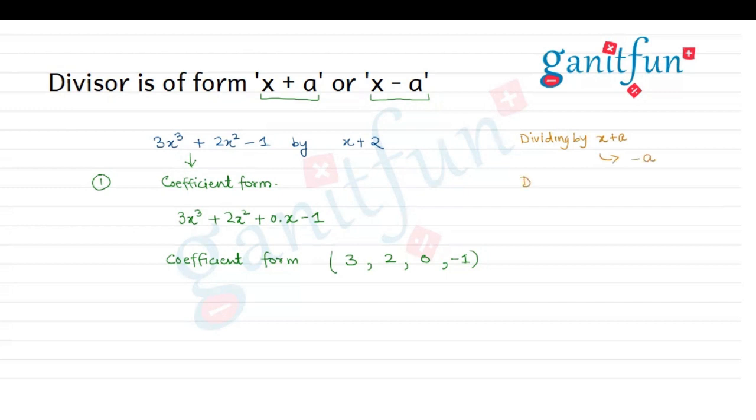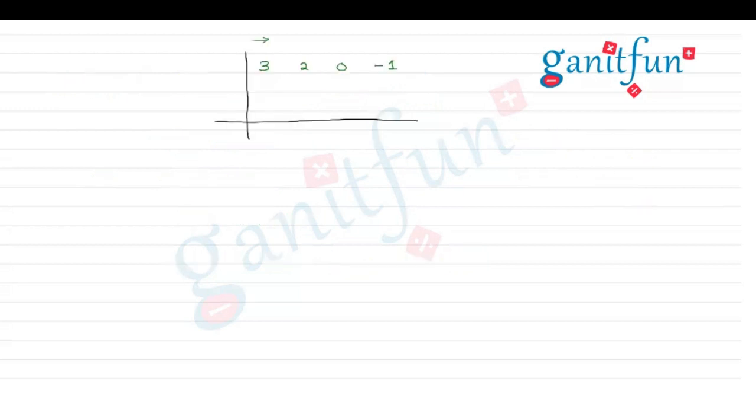If you are dividing by x minus a, then the number which you should use is plus a, or simply a. In our case, we are dividing by x plus 2, so we will be using minus 2 as the number.